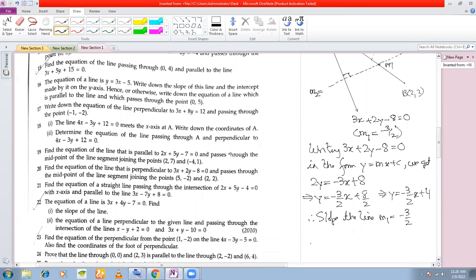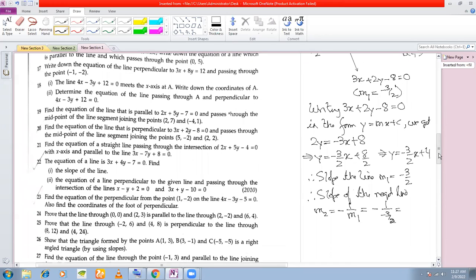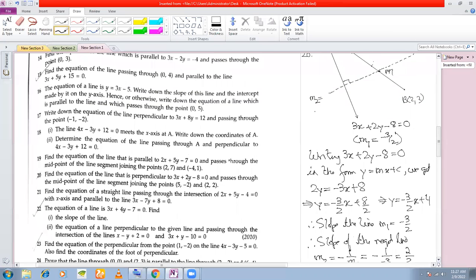Therefore, the slope of the required line m2 is nothing but the negative reciprocal of the other line. That means minus 1 by minus 3 by 2, which is simply 2 by 3.